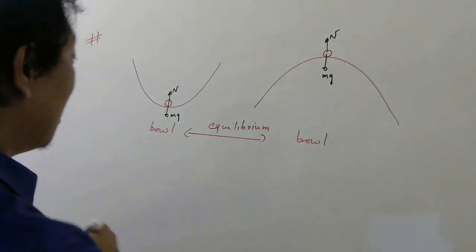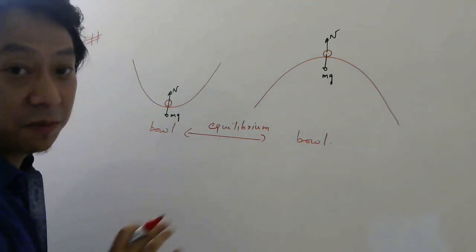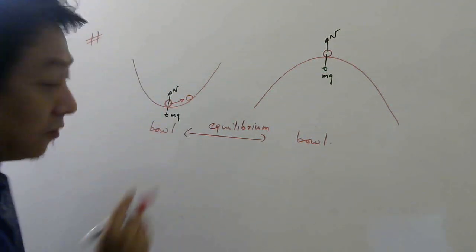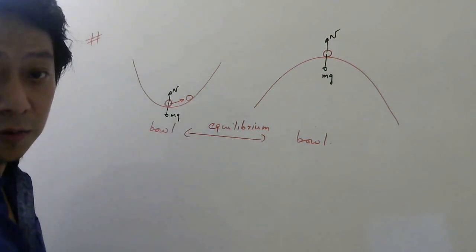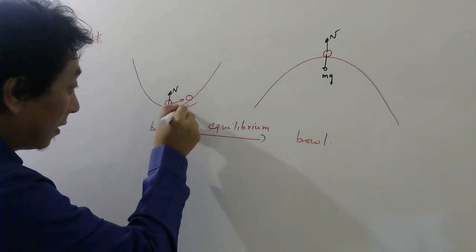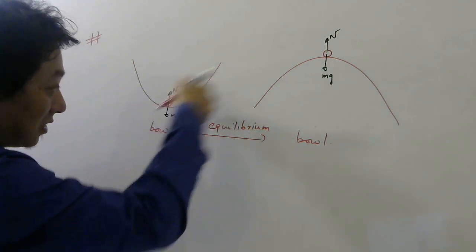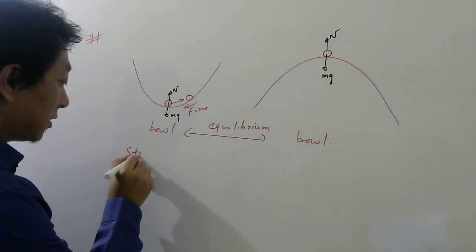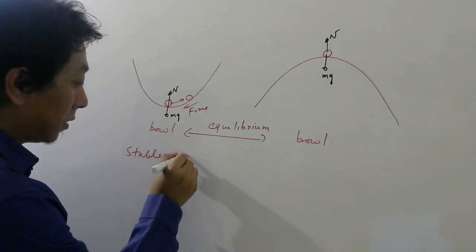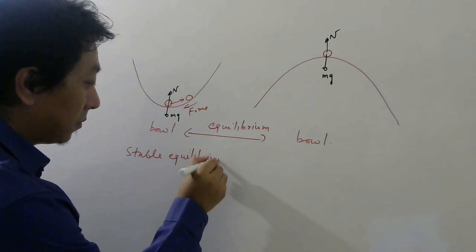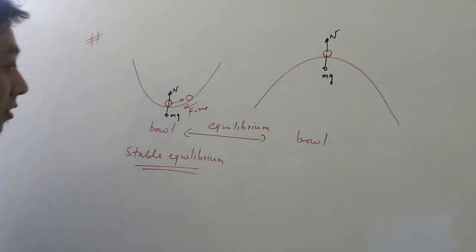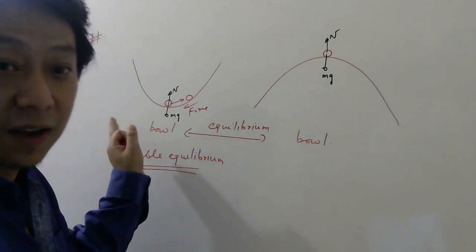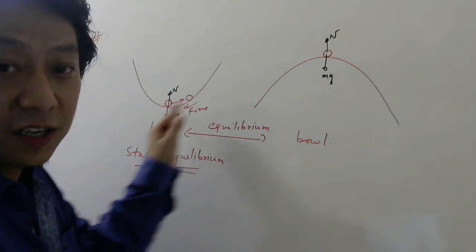Okay, fine. Now what is the difference between these two equilibria? Here, if you displace the bob slightly, what happens? It comes back. Meaning it will feel a force in this direction. Such a kind of equilibrium is called stable equilibrium. In simple harmonic motion, the body is in stable equilibrium, so when you displace it, it comes back, and therefore it performs oscillation.